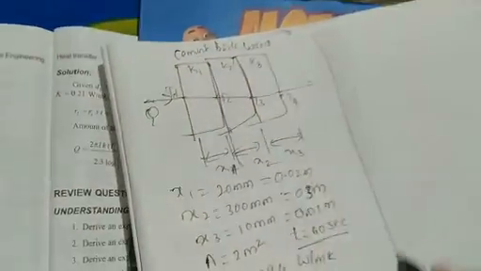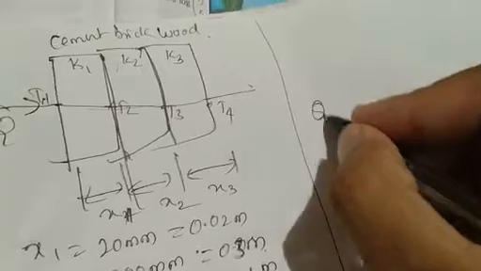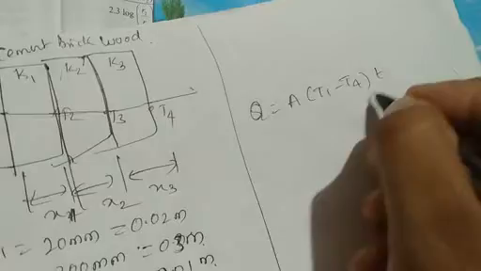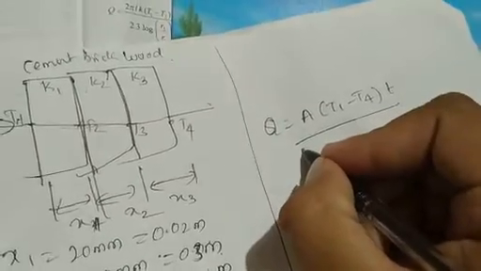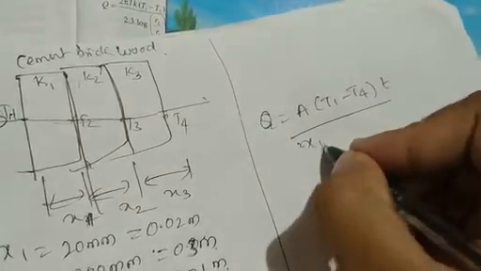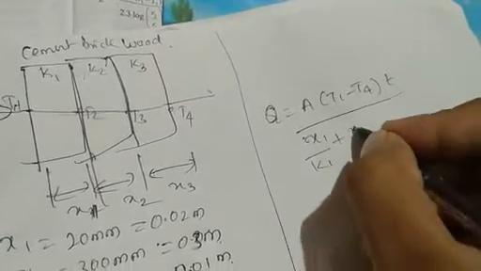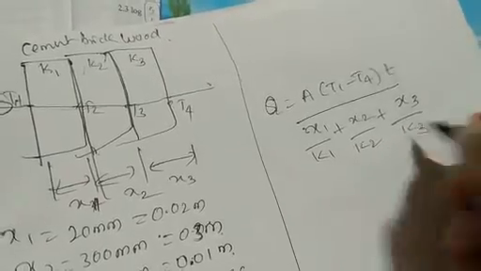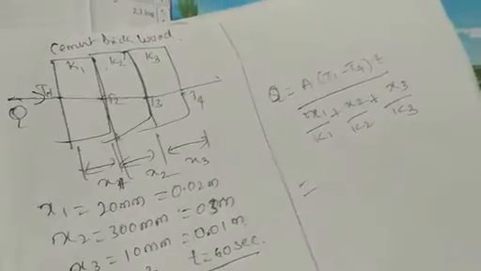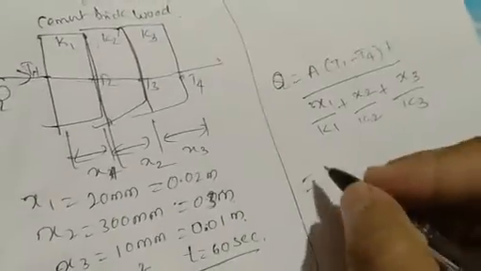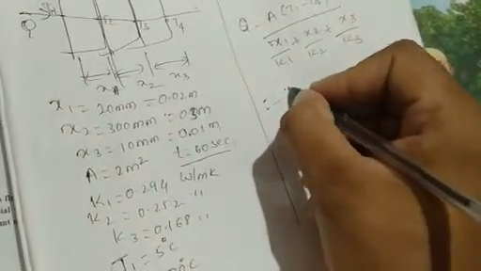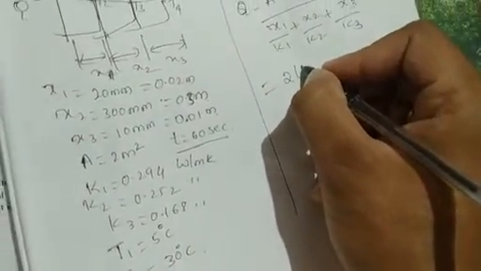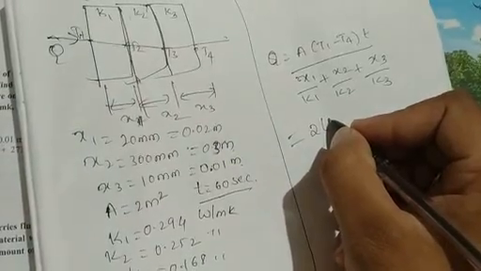For the composite wall, what is the expression? Q is equal to A into (T1 minus T4) into t, divided by X1 by K1 plus X2 by K2 plus X3 by K3. So A is 2, into T1 minus T4. Which one is greater?